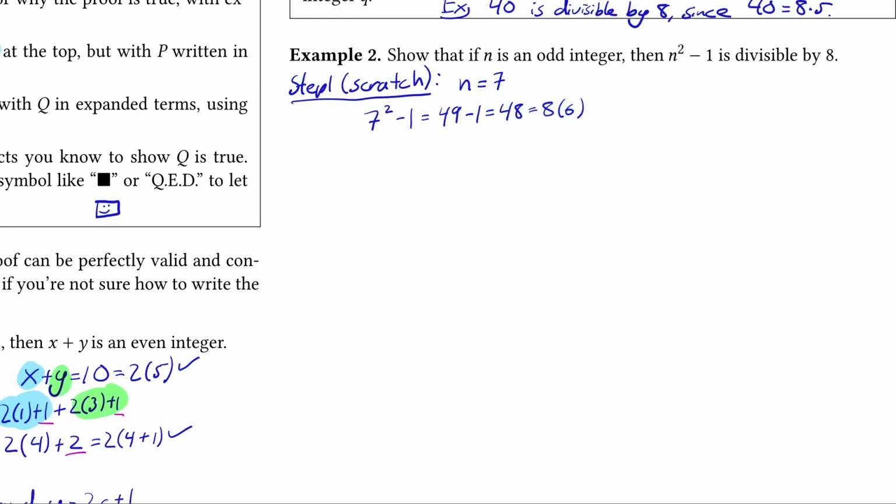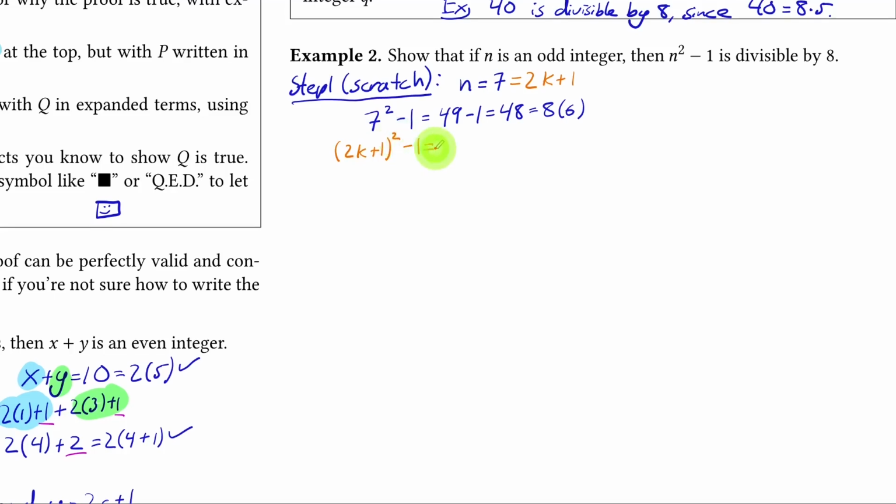Interesting. Well, it helps to think of it using the definition. The definition is that 7 is some 2k plus 1. And so when we do 7 squared minus 1, you can think of this as 2k plus 1 quantity squared and then minus 1.